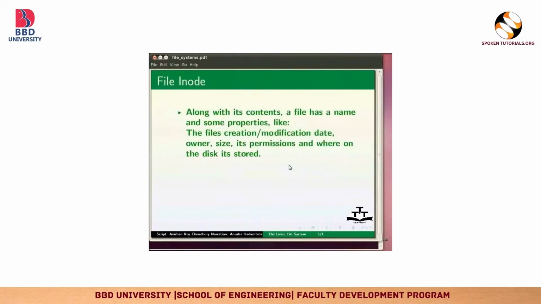As well as what it contains, a file has a name and some properties or administrative information, that is, the file's creation or modification date and its permission. The properties are stored in the file's inode, a special block of data in the file system that also contains the length of the file and where on the disk it is stored.